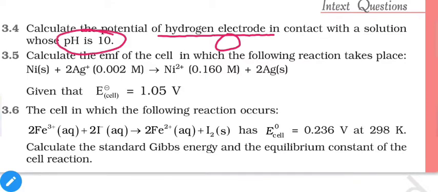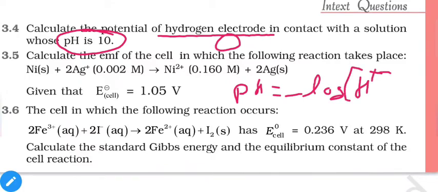First of all, you have to find the concentration of H+ at pH equal to 10. We know that pH is equal to negative logarithm of H+. The pH value is already mentioned, so find the concentration of H+. Put this value of the concentration of H+ in the Nernst equation and you will get your answer.